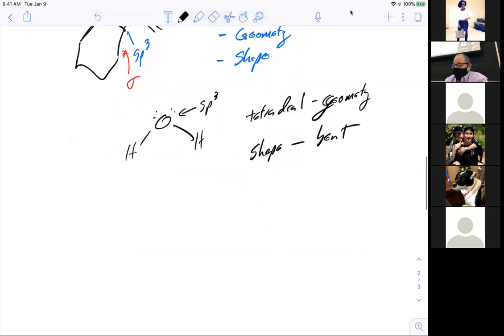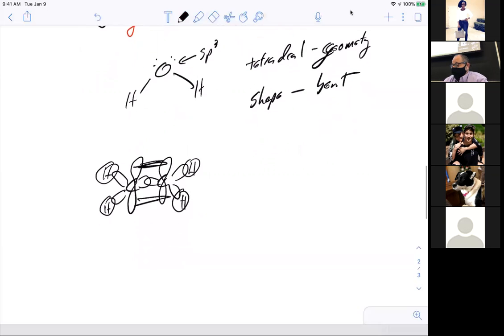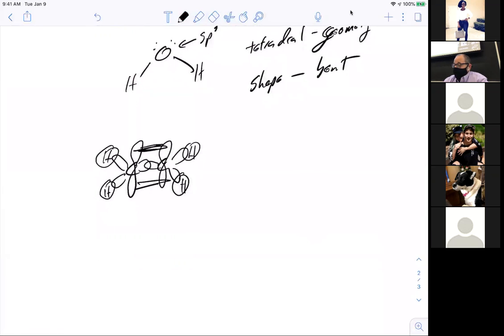You should be able to draw, it doesn't have to be pretty, it just has to be clear, orbitals. We should be able to draw Newman projections.